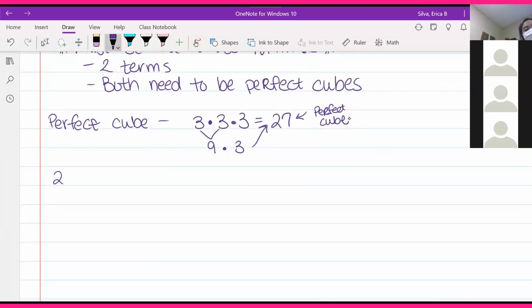We can also do it with 2. 2 times 2 times 2, that's 3 times. 2 times 2 is 4, times 2 is 8. So 8 is a perfect cube.